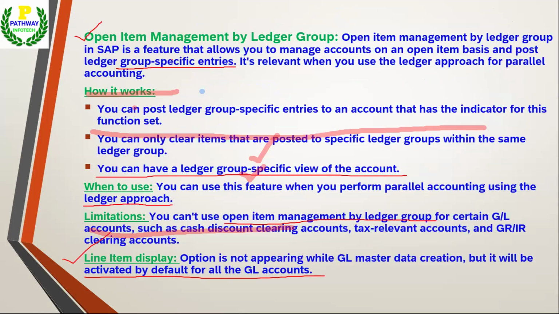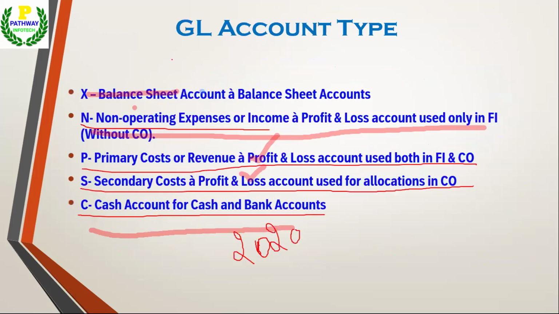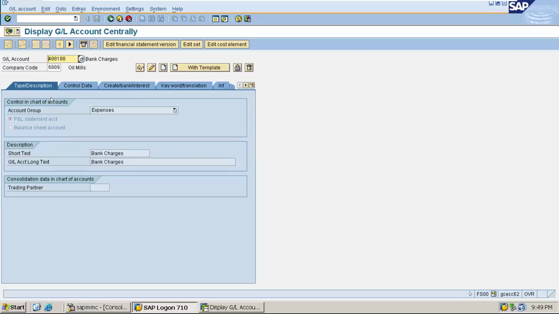Before going further, I would like to discuss GL account types. In S4 HANA, there are 5 GL account types. But before that, let's see what there is in the ECC system. In ECC, we can see only 2 GL account types: one is the profit and loss statement account, another is the balance sheet account.